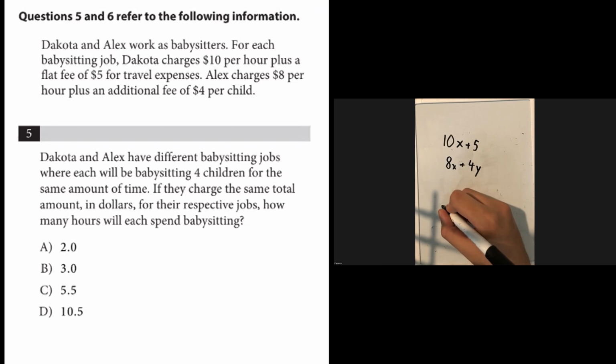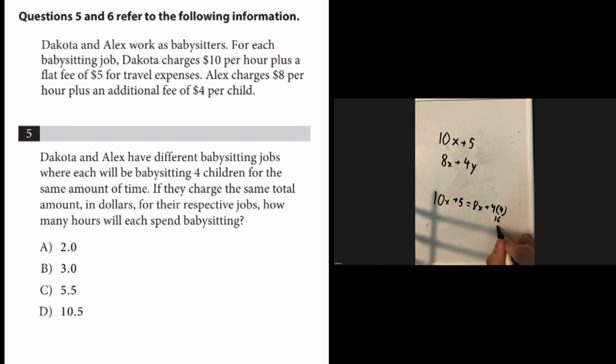So we would have 10x plus 5 equals 8x plus 4 times, and we're told it's 4 children, so 4. And so that would just be 16.